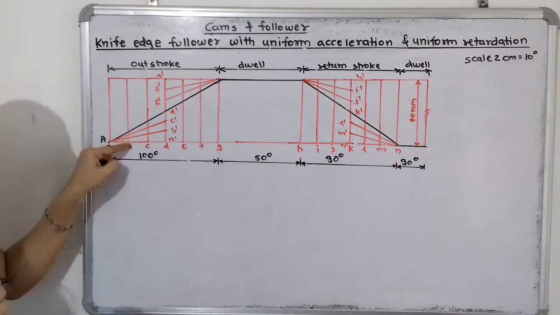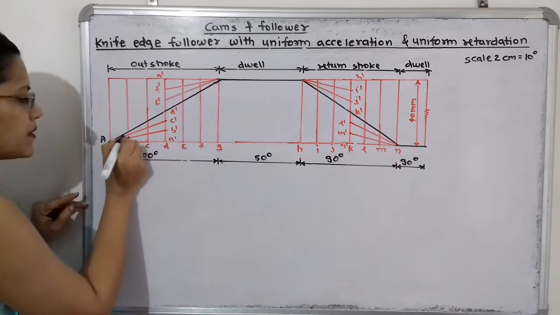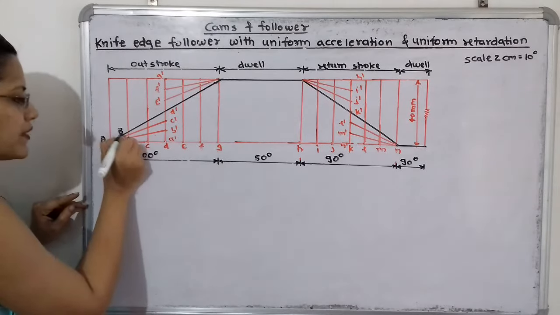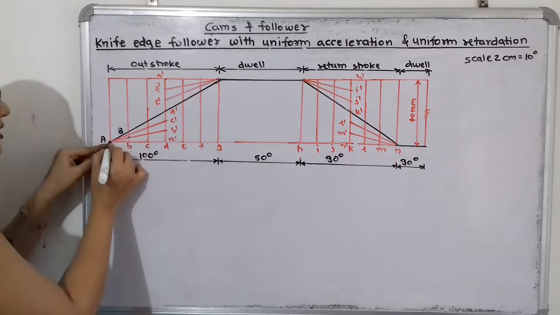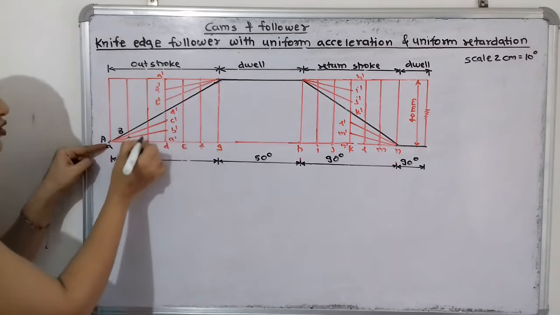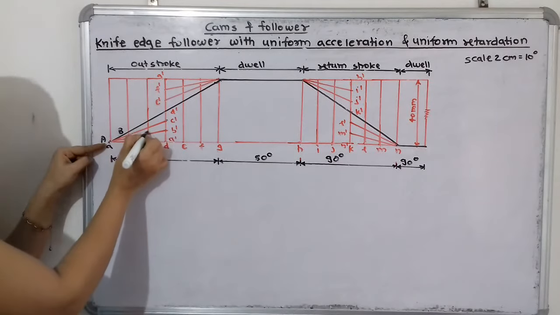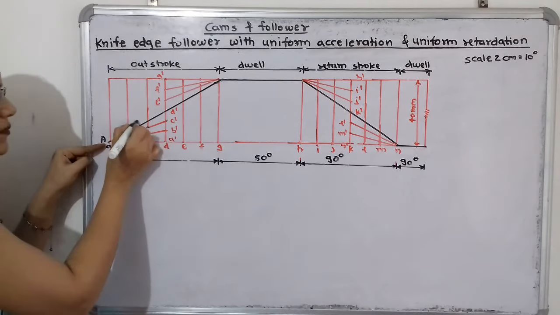So the point of intersection with this we have to select. I will say that this point will be capital B. Then in the same way this is the line passing through this corner and joining C dash. So C dash to C, that is the point of intersection of the line passing through this point. So this point will be C.